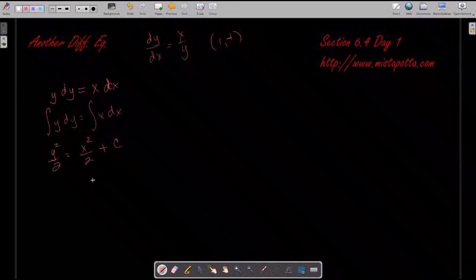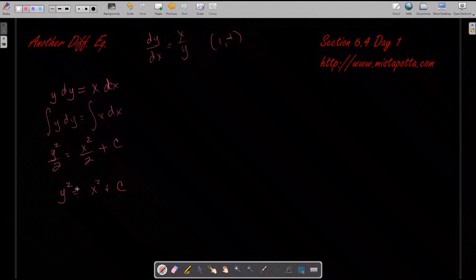And now I want to solve for y. And this is where we end up with the situation where we have to be aware of our domain. Multiplying both sides by 2 gives me y squared equals x squared plus 2 times a constant, which is still a constant.